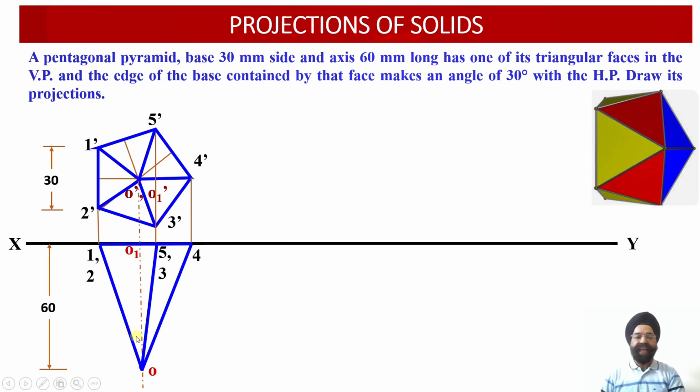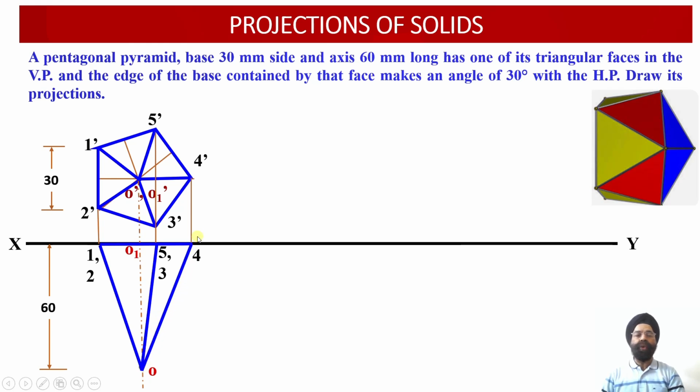Now this axis height we have taken as 60 millimeter. Now we can join these slant edges in the top view, that is O1 and O2 will be coinciding with each other. O3 and O5 will be coinciding with each other, and O4 will be represented over here.